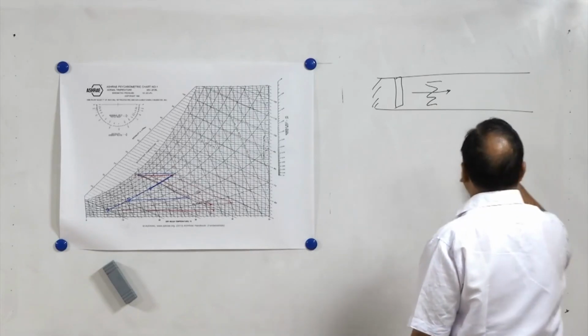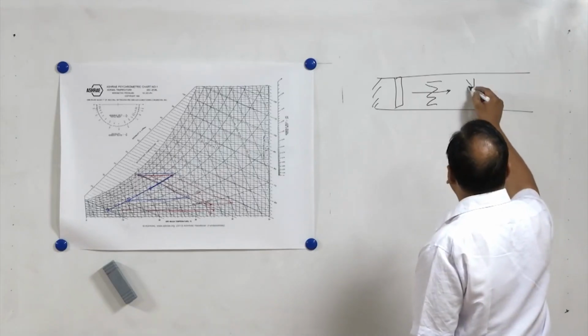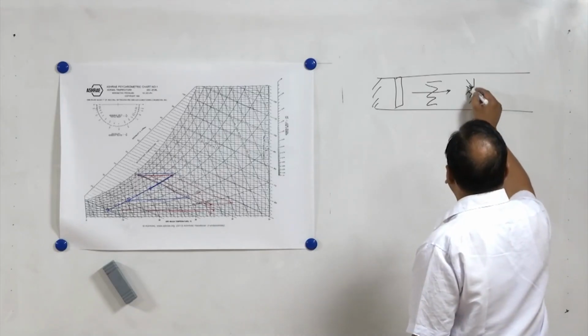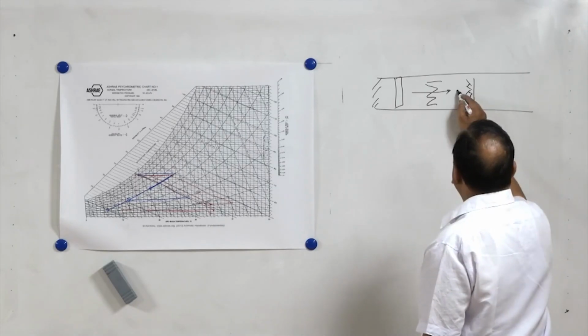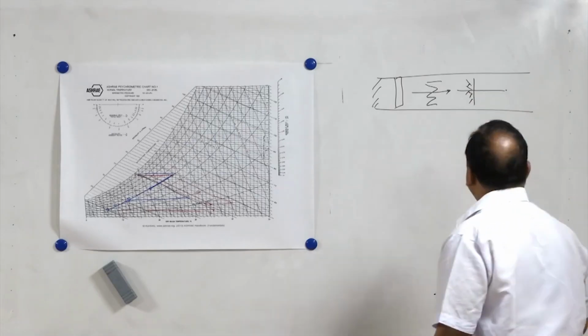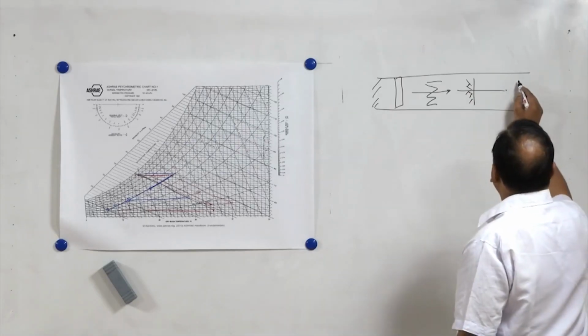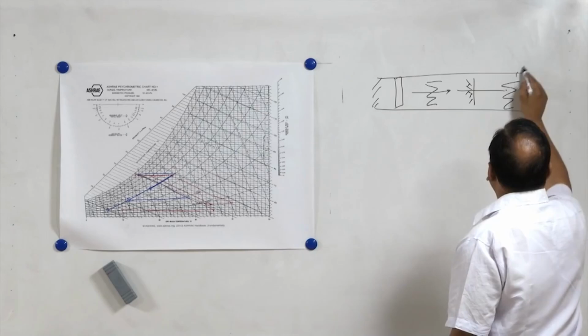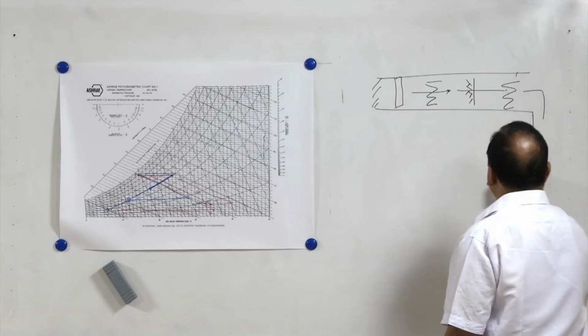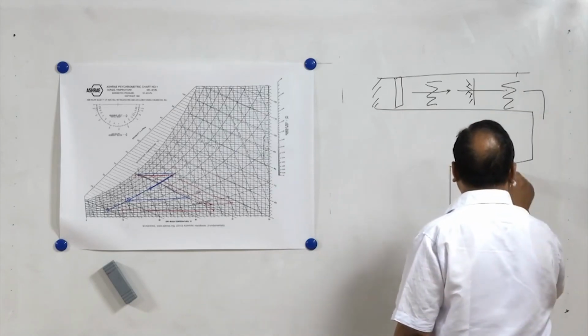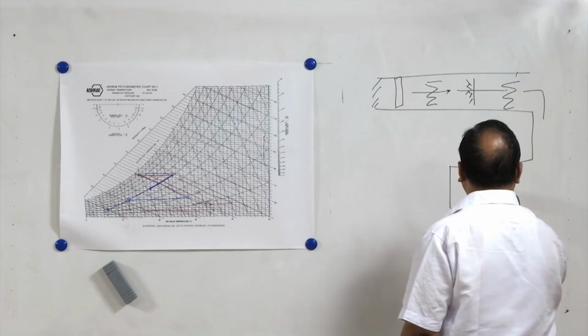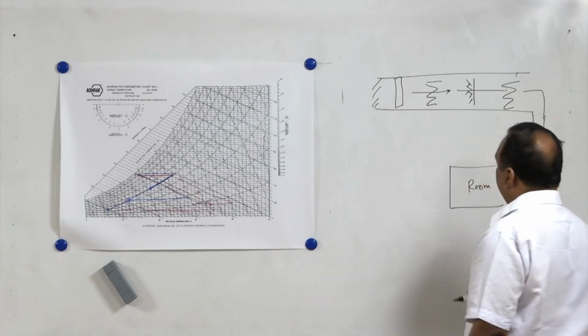After the heater, there is a washer, there is an air washer. After the air washer, again there is a reheater, and after the reheater, the air is supplied to the room. Air is supplied to the room.